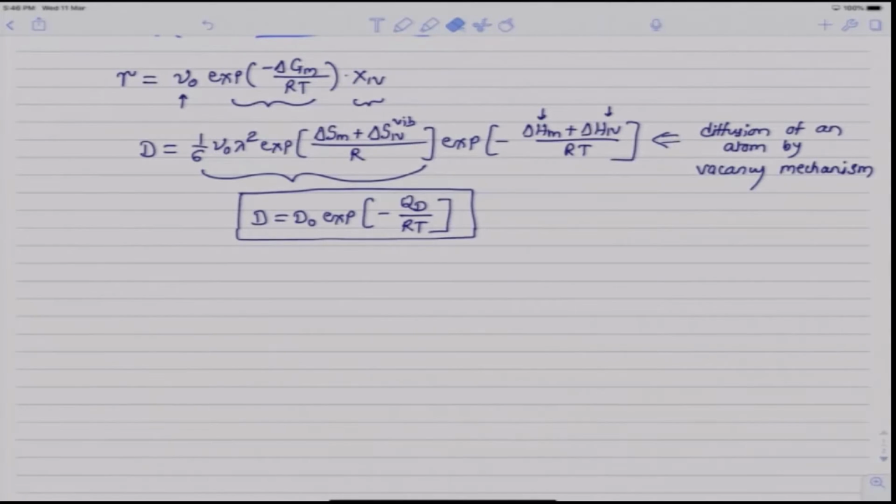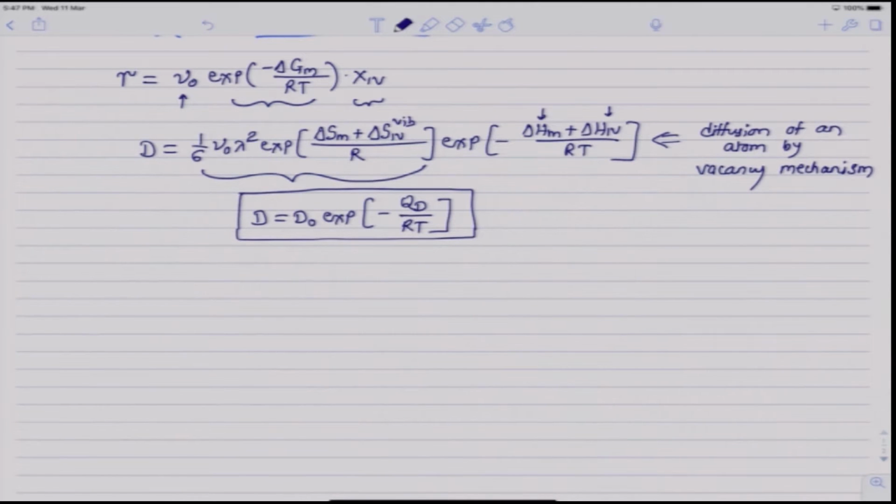The probability of finding a vacancy next to a vacancy is very, very low, and so at any given instance the vacancy can jump onto any of the nearest neighbor sites, and so the diffusion of a vacancy truly represents a random walk. So, when we consider the diffusion of a vacancy, we do not need to consider this term x_1v, because the probability that the next site is vacant is 1 almost at all times.